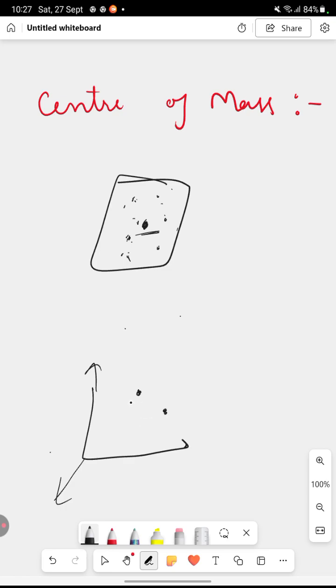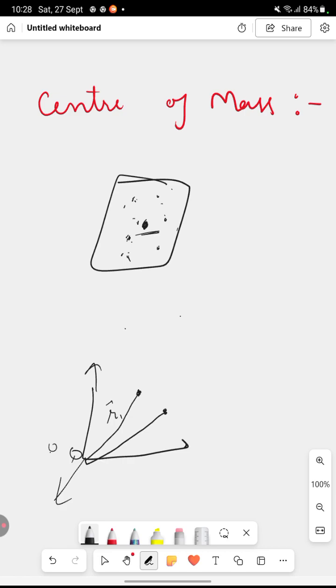Now let's consider this is the origin. This particle is at distance r1 from the origin, and this particle is also at some distance from the origin.